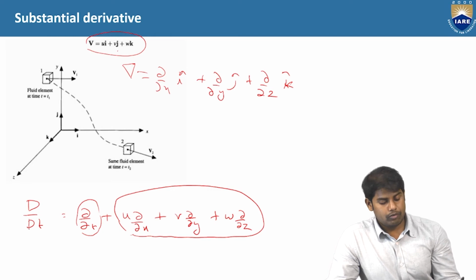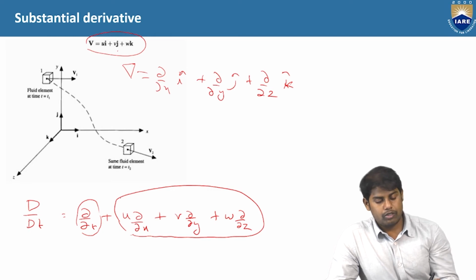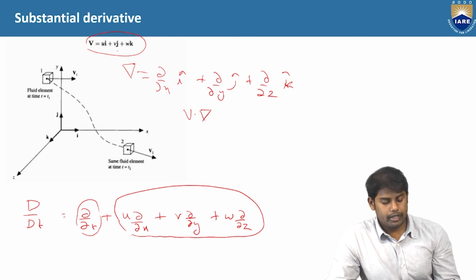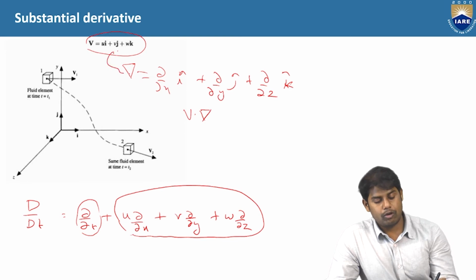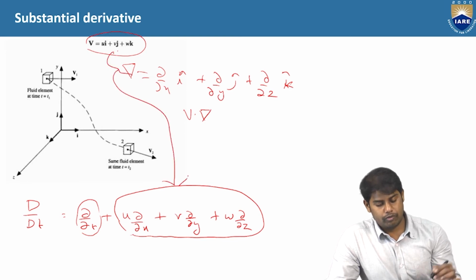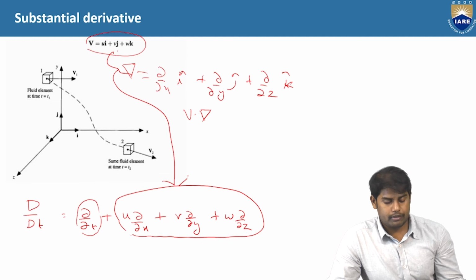So what is this? You can read it as V dot del, the dot product of velocity and gradient. When you do the dot product of these two things, we get this expression here.